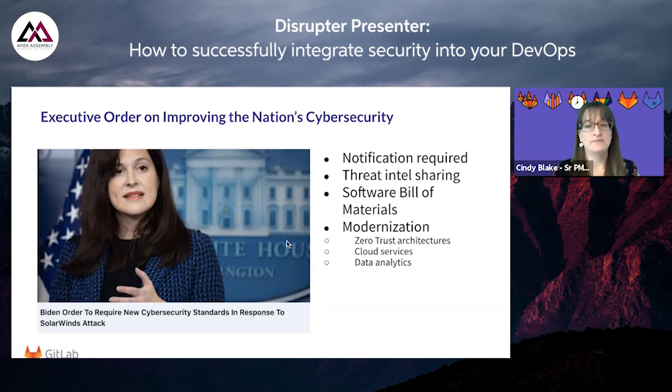So while the executive order is focused on vendors, software that is used by federal agencies in the US, you can expect that that's going to trickle down. Just like GDPR trickled down to everybody globally, you didn't have to be a European company in order for it to be relevant to you. I expect this to be the same.